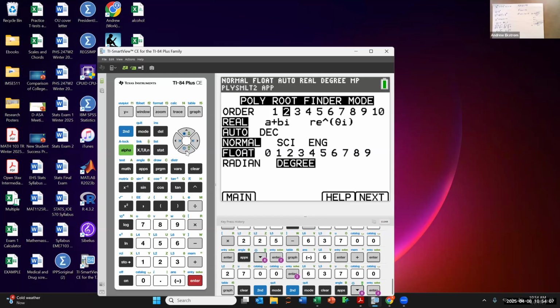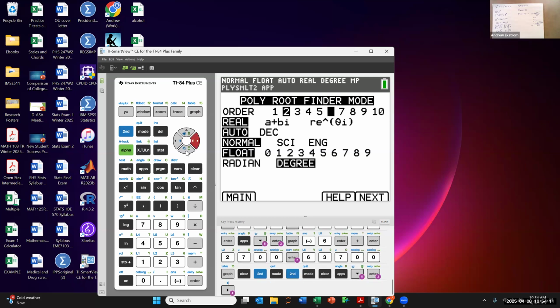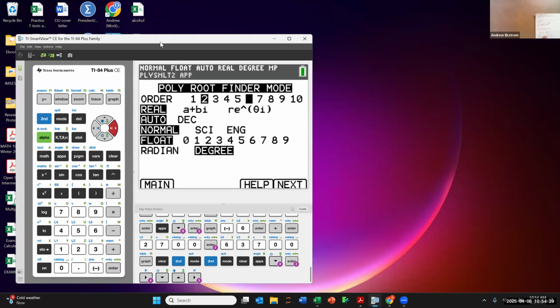So if I want to do that problem that we were just working on, where it's x to the 6 plus 5x cubed plus 6 equals 0, I can set the order to 6.